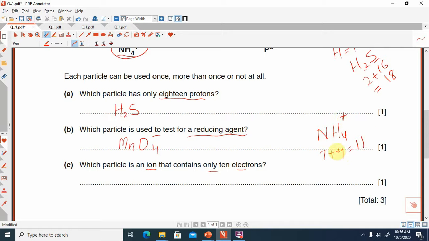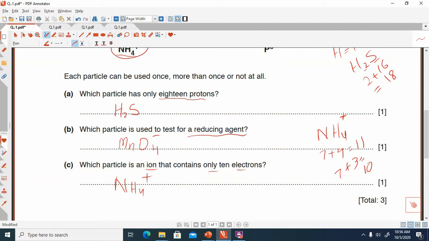So you will write 7 plus 3, right? Then the answer will be 10. So the answer for this C part will be ammonium ion. It will contain the 10 electrons, right?